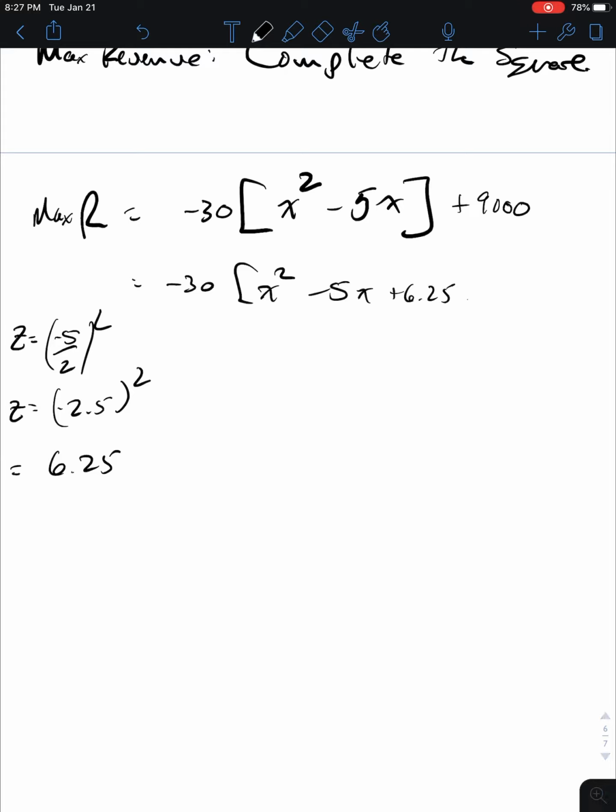Five divided by 2 is 2.5, so it's 6.25 again. So it's x squared minus 5x plus 6.25 minus 6.25.